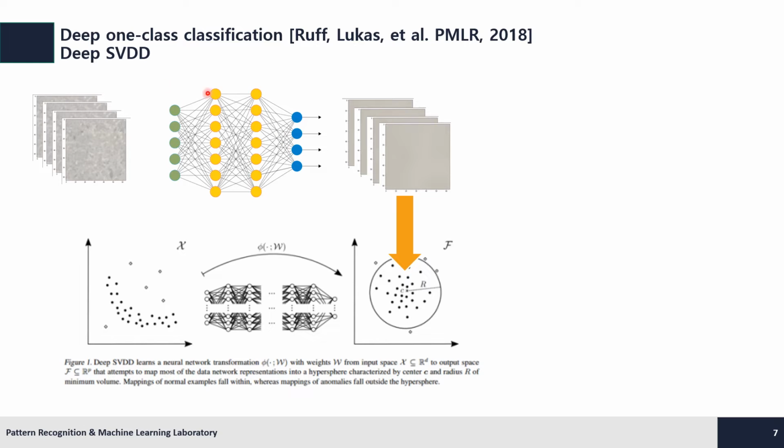Deep SVDD aims to find the smallest sphere surrounding normal data through the feature space of data learned based on deep learning. The mean average value of the output determines the center of the sphere.